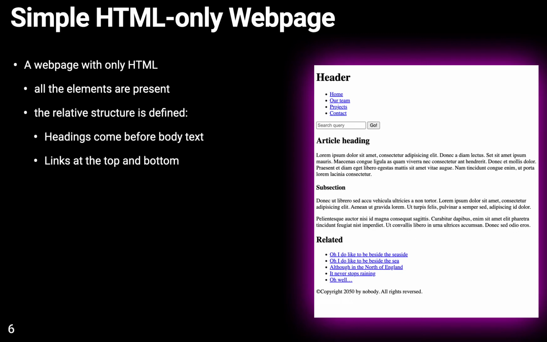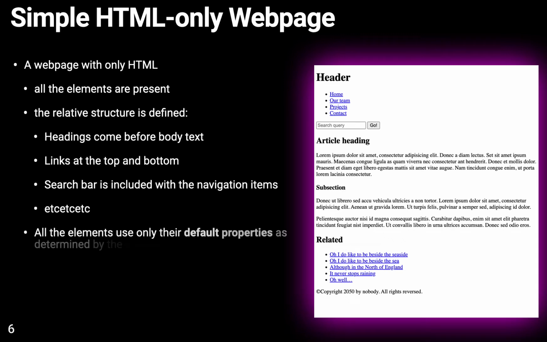We have some links at the top and the bottom. They're not just sort of randomly strewn about. There's a search bar included with the navigation items, right? So these are all intentional decisions that somebody who wrote the HTML here decided. They wanted their structure to be header stuff at the top with some links and navigation stuff and searching. We have the main text of the page, and then we have at the bottom some other links, right?